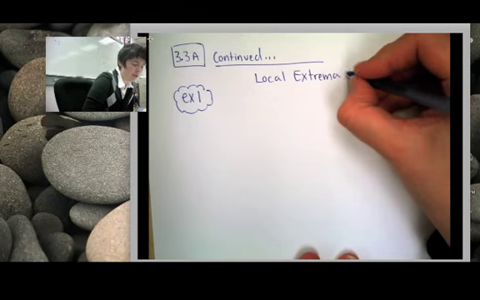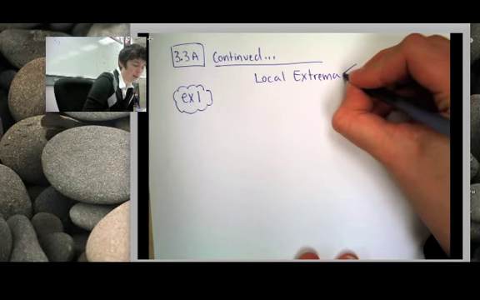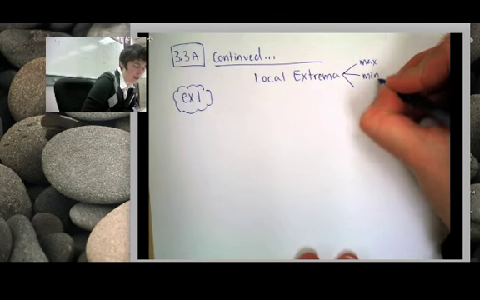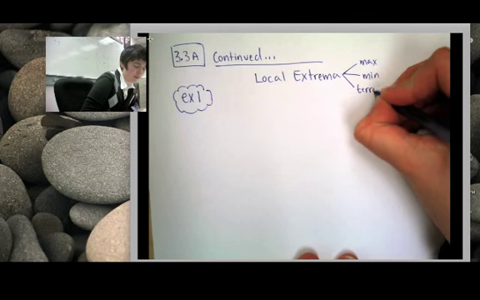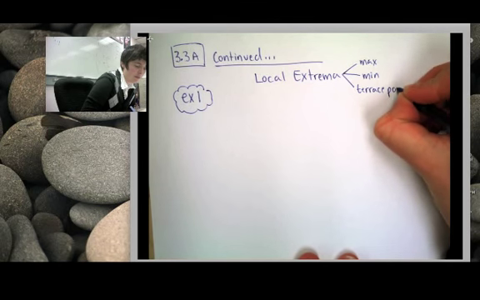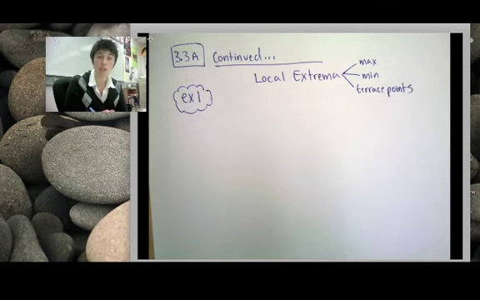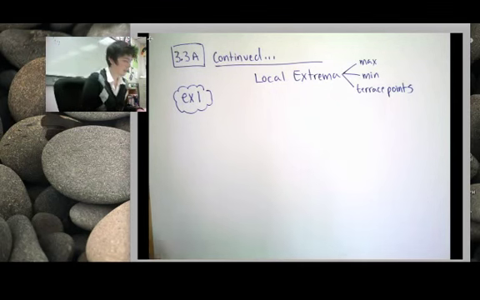So when I say local extrema, I'm talking about max, mins, and terrace points. Three different things. And the way we do this is we make what's called a first derivative sign chart, and that's what we're really working on. So here is my example.